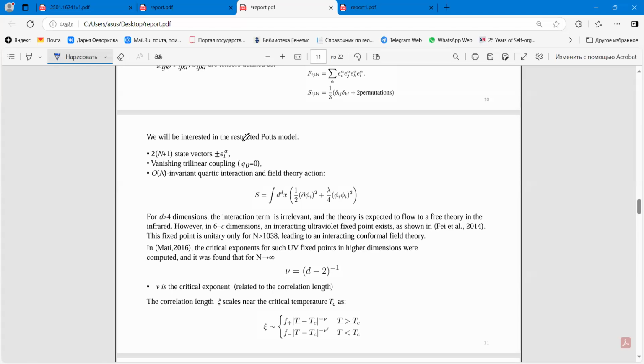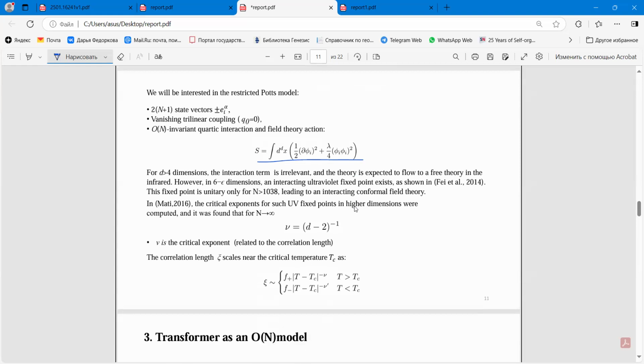And for such type of model, we can represent our field theory action.